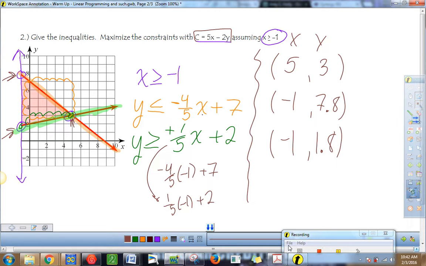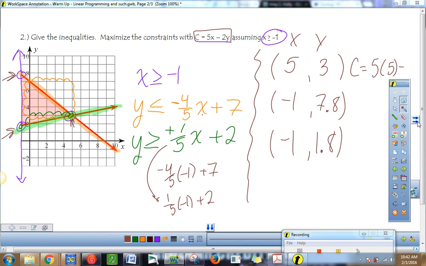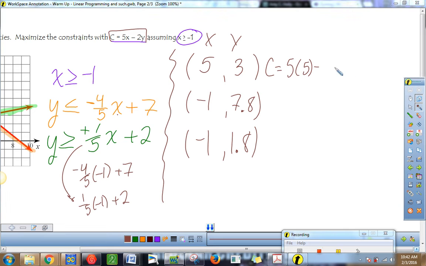Okay? And I know this seems a little abstract, but with linear inequalities, you have to do all of these things together, so it was easier to teach you the pieces first. You had a little briefing on it. So this is going to be C equals what? 5 times 5 minus 2 times 3.